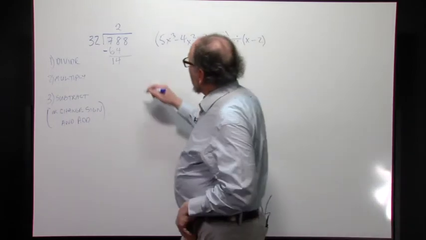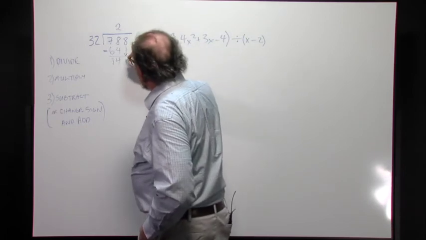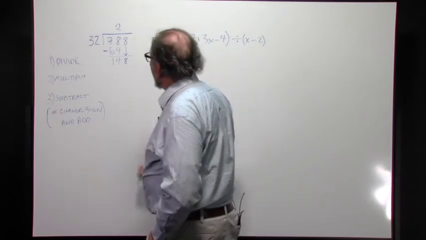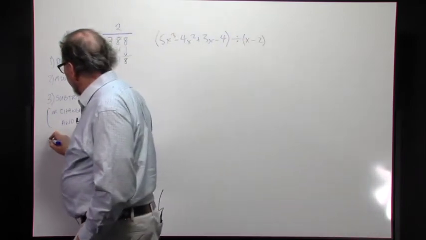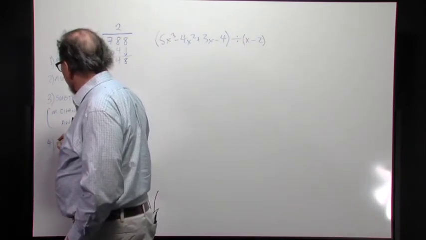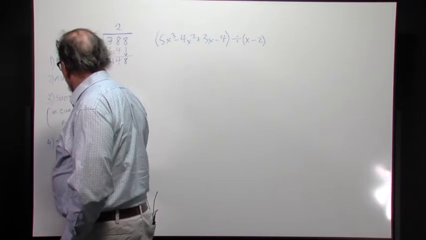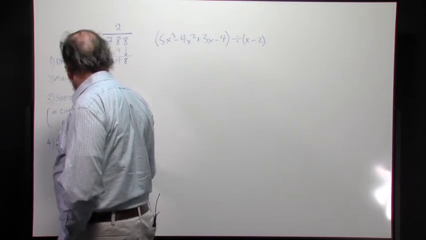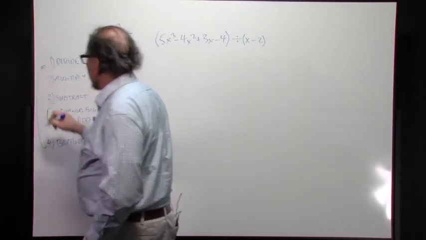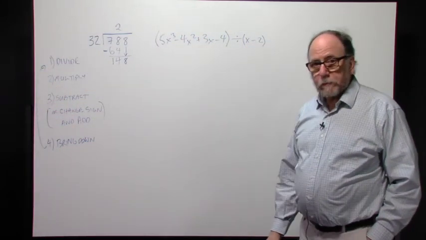Then the final step here would be to bring down the last digit there. Continue to bring down digits, and then the cycle repeats itself until you're finished.